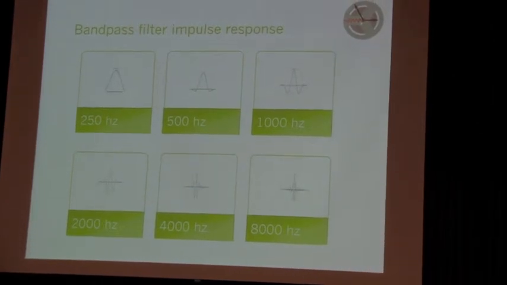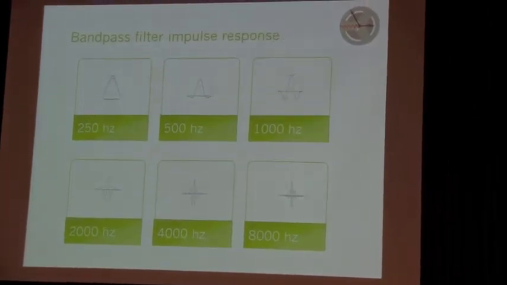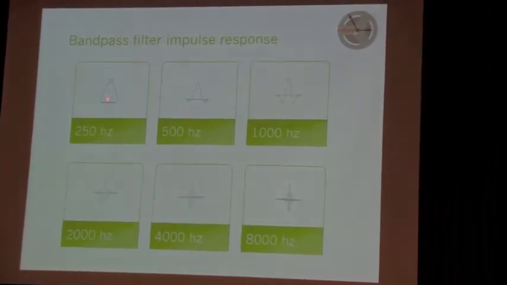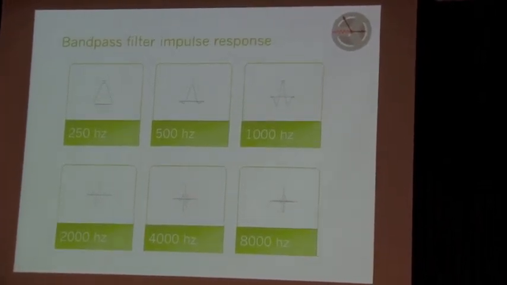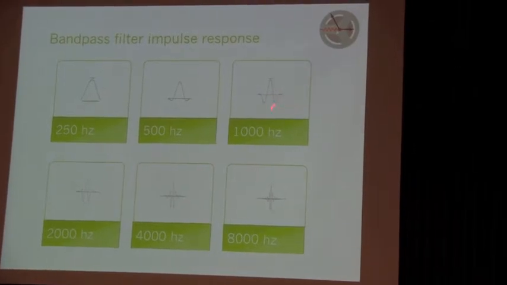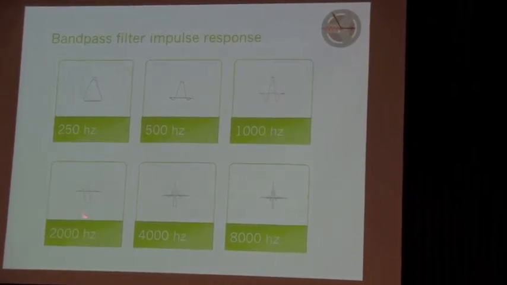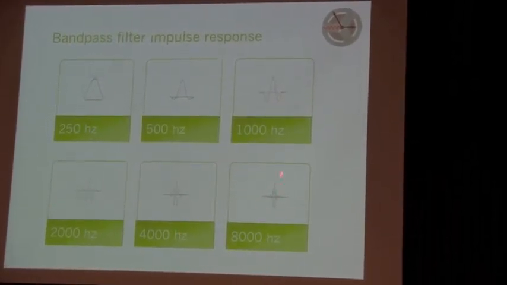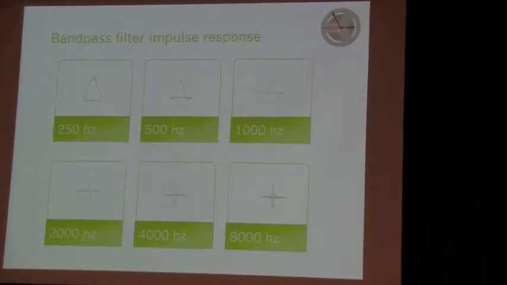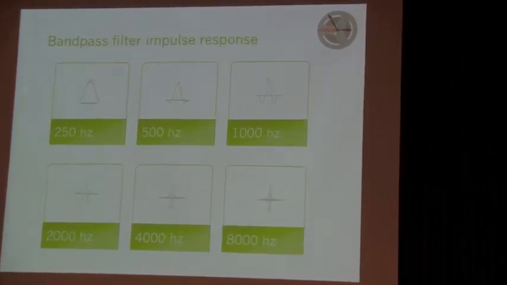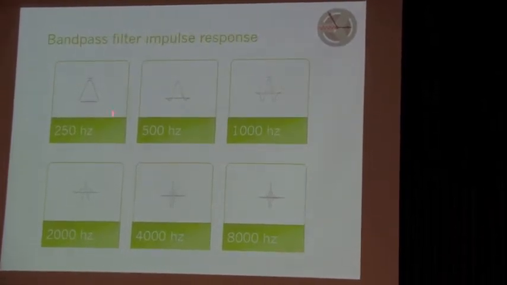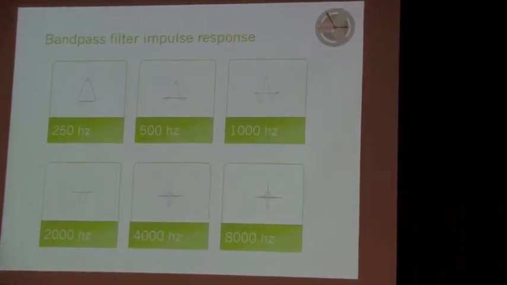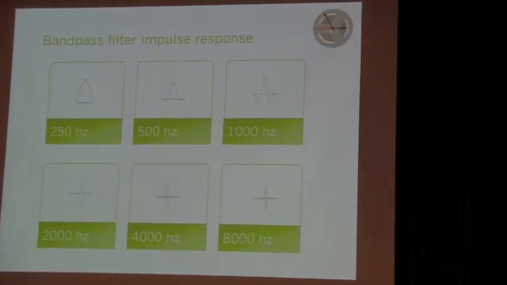So if you hit a low pass filter with a single impulse, it will respond that way. This is a bandpass filter set at 500 hertz, and for 1,000 hertz, 2,000, 4,000, 8,000. You can see that the higher the center frequency, the more bumps are inside. But they all have this kind of a Gaussian envelope on them.